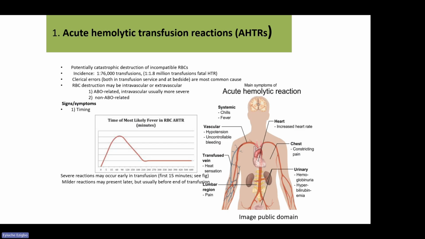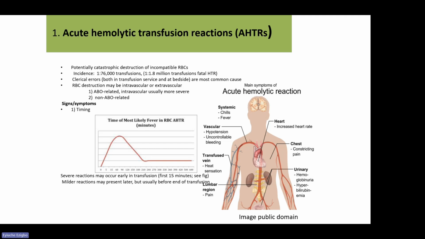Under acute transfusion reactions, as you see in the table we showed earlier, we have acute hemolytic transfusion reaction. So what is acute hemolytic transfusion reaction? Acute transfusion reactions generally set in less than 24 hours of blood transfusion. Acute hemolytic transfusion reaction is a potentially catastrophic destruction of incompatible red blood cells.